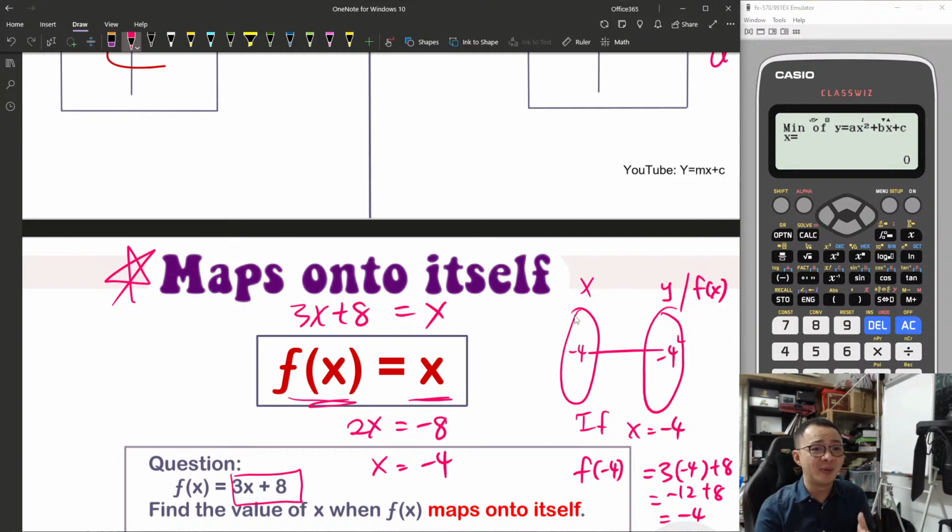Do you get the idea about map onto itself? Of course, the function is not necessarily a linear function like 3x plus 8. It can be a more complicated function. But at least you need to understand the idea of map onto itself, because it's a very simple idea and they give 2 to 3 marks in the SPM exam.